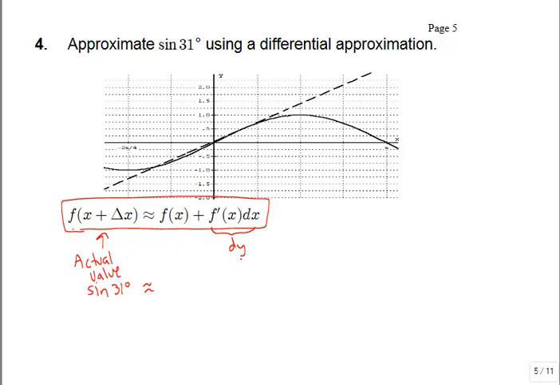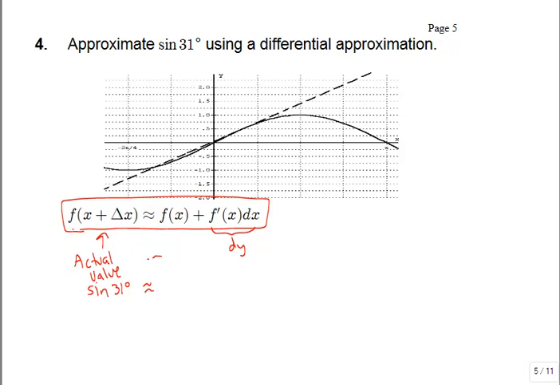This is your differential, and this is going to be the value of the function at the good point, the point that you could actually figure out in your head. So this is going to be like the value at the good point plus that little change along the tangent line to get you to the new point that you're looking for, 31 degrees. So before we start plugging things in, we need to figure out what's f, what's x, what's delta x, what's dx, all that good stuff.